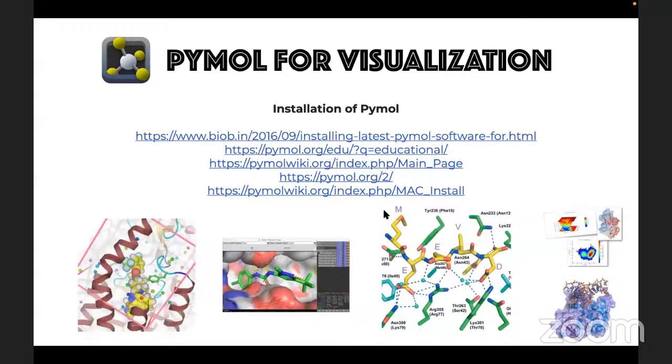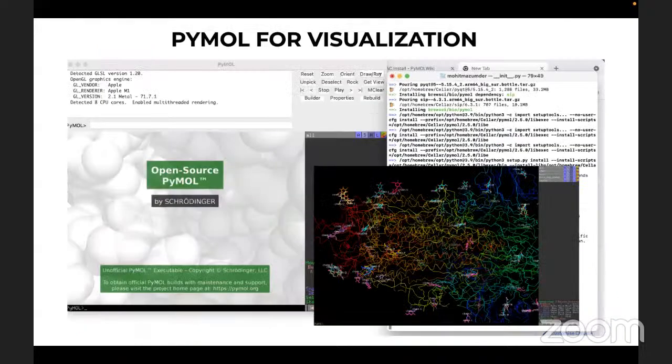Now, if you have installed it, the next step is to use it. Before using it, let's understand a little bit about the interface of PyMol. Before that, it would be good to understand the basics: how do we visualize files and what is there in a PDB file.